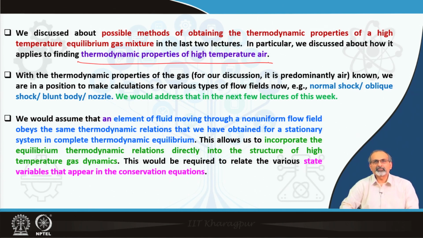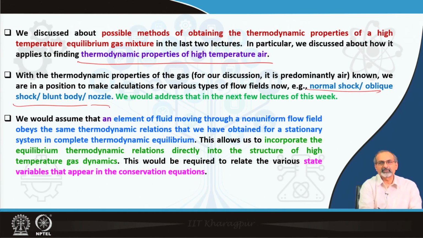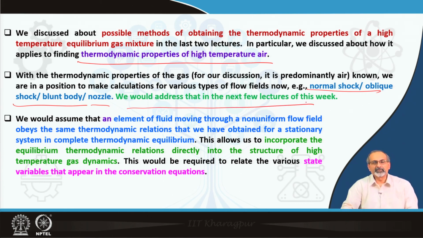With the thermodynamic properties of the gas, predominantly air for our case, we would now be in a position to calculate different flow fields involving shocks, blunt bodies, nozzles, where high temperature effects are accounted, and we consider the flow to occur under equilibrium, both thermodynamic and chemical. Those would be addressed in the next few lectures of this week.